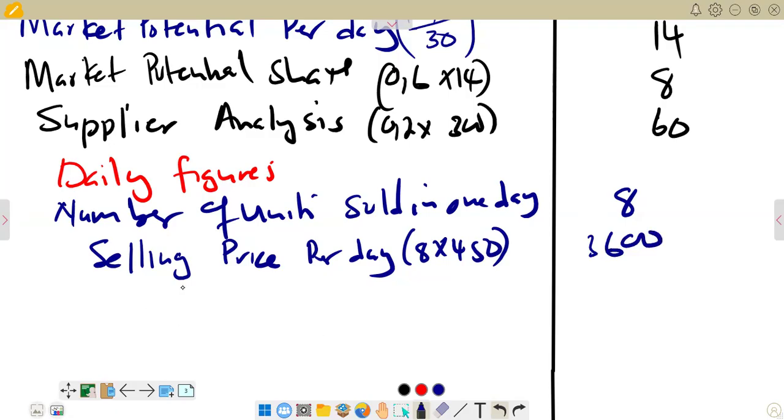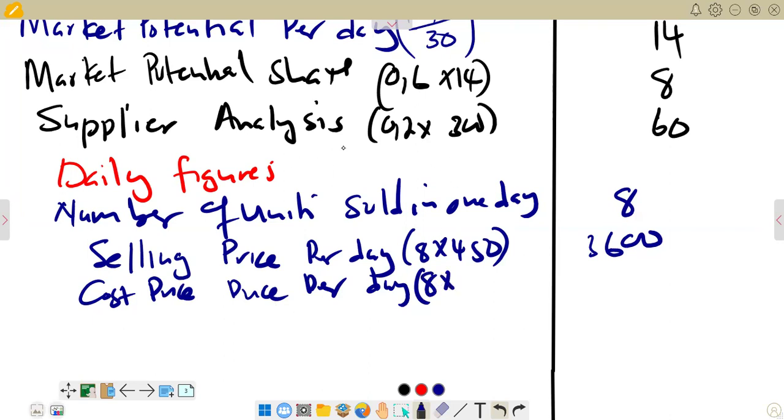And then the cost price for each unit, again per day. Remember we have 8 units, and we try to find out the cost price.